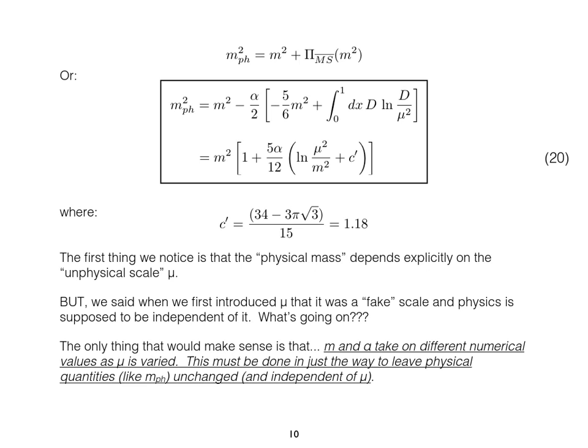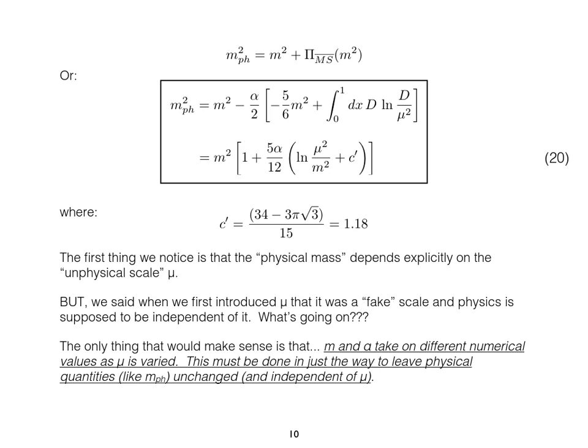And that's not a good thing because we have no idea what this mu scale is. We just put it in to keep the coupling from having a mass dimension, because couplings with mass dimensions often run into troubles with normalizability.